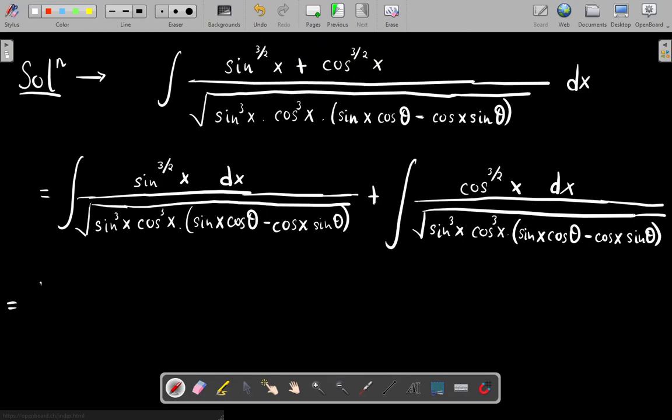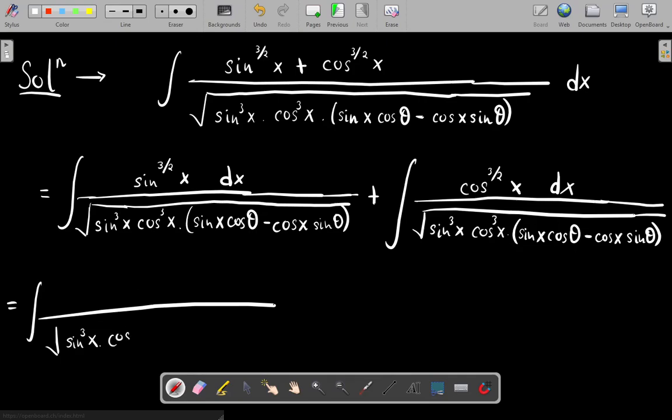So what if, for the first integral, we rewrite this? I'm keeping sin^3 x as it is, times, what if I introduce another cos here?